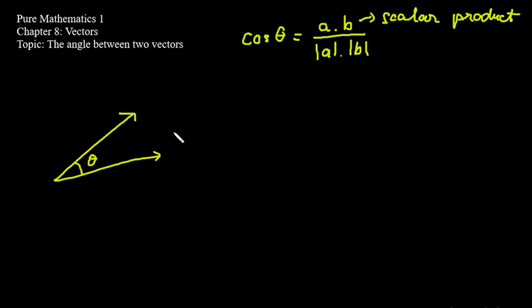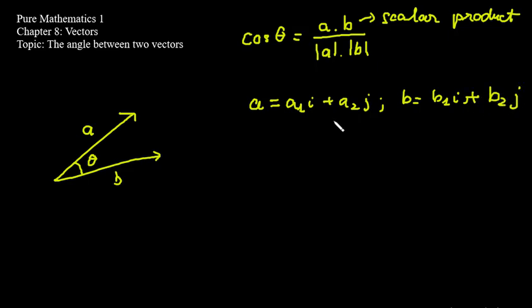In two dimensions, if vector A is given in the form A1 i plus A2 j, and B is given in the form B1 i plus B2 j, the scalar product of A multiplied by B will be equal to A1 multiplied by B1 plus A2 multiplied by B2.